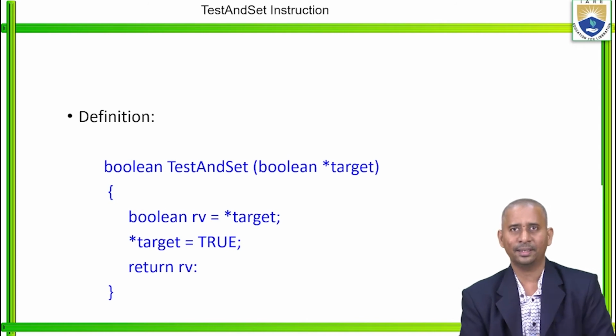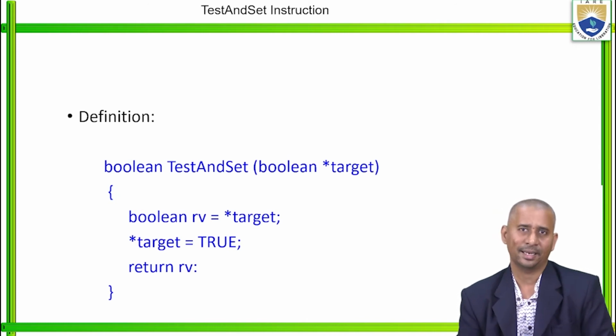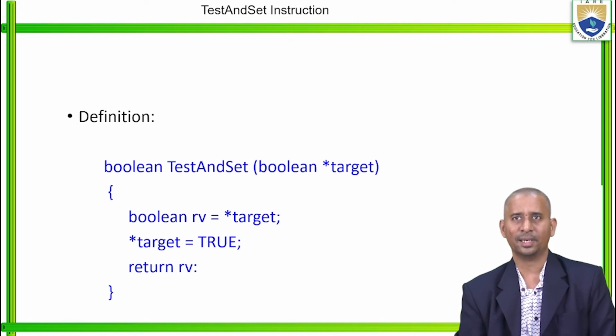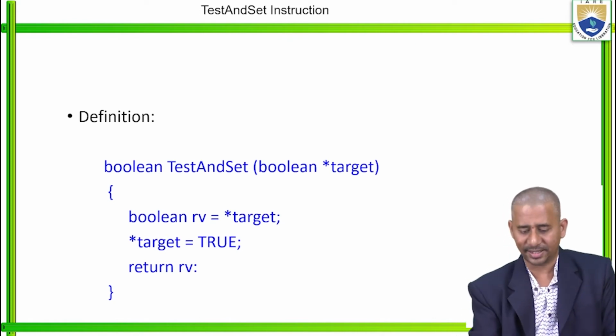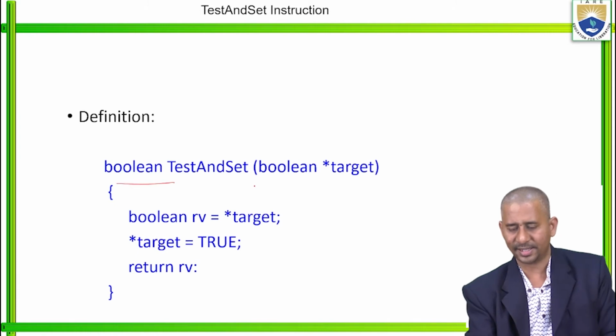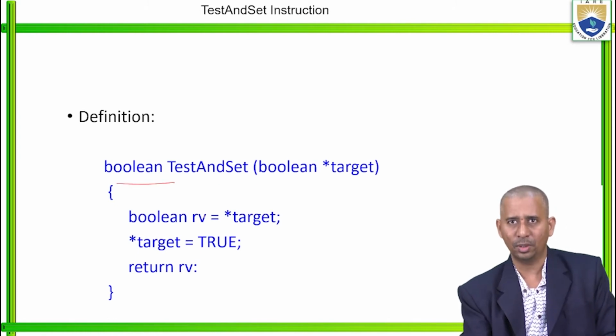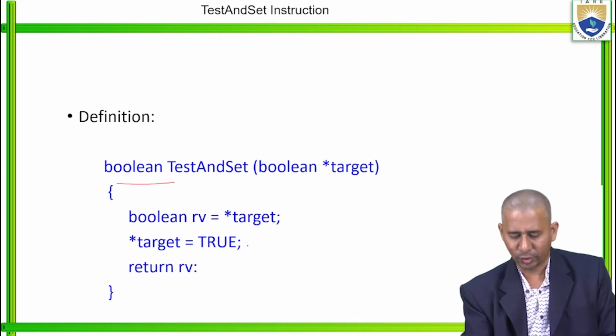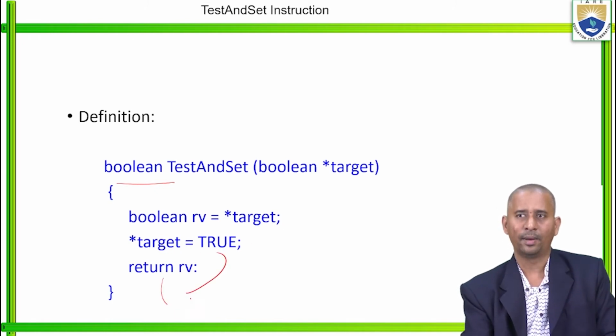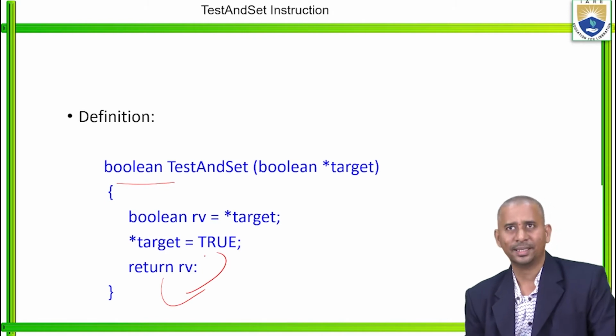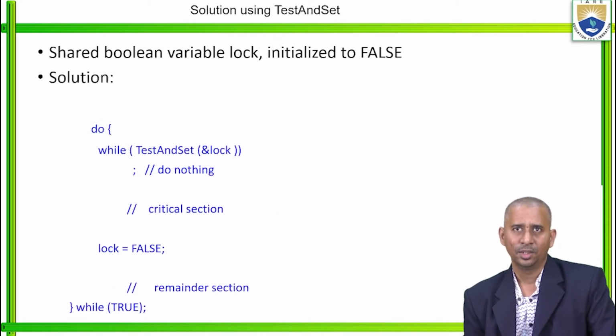Then we have another one, the test and set instruction. This test and set instruction is described here as a Boolean function: Boolean rv equals target, set target to true, and return the variable rv. That is the test and set instruction. So what is the solution using test and set?